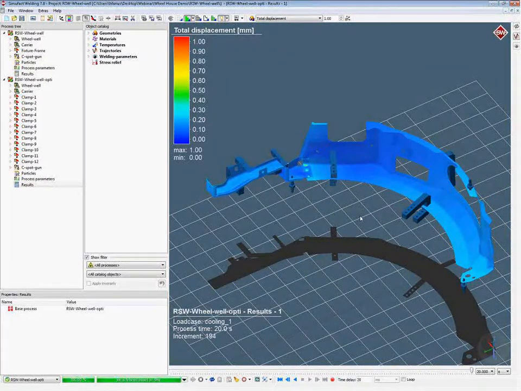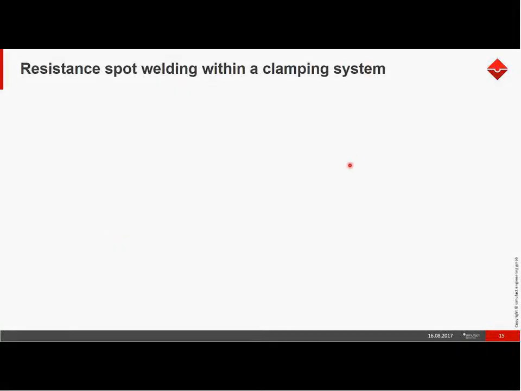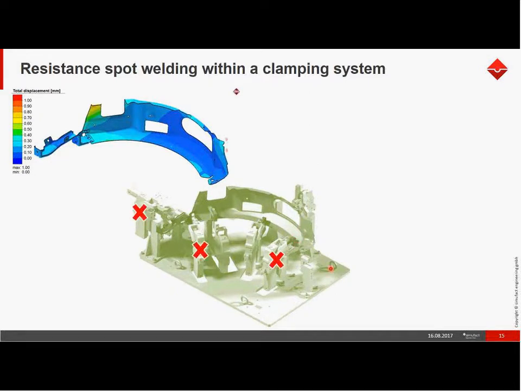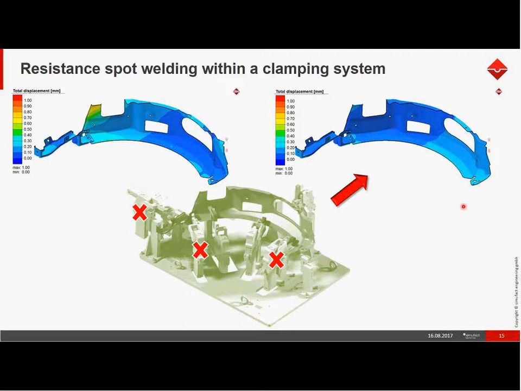And this is something that you can test. You're not focusing on the welding itself, but on the behavior of the entire structure within a clamping system. This was the situation before. Then they decided to get rid of some of the clamping systems, and the distortion behavior got a little bit better.